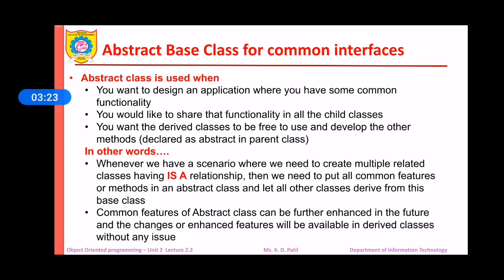Now, here the abstract class is working as a base class for all the common interfaces. What are the common interfaces? These common interfaces are the methods which are implemented by the different derived classes as per their need, as per their requirement.